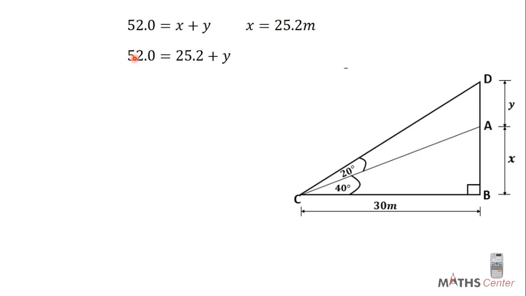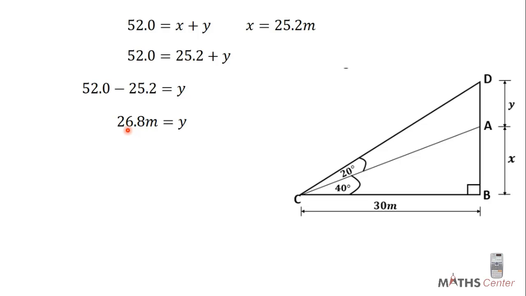So we have 52.0 is equal to 25.2 plus y, because x is now 25.2. If you make y the subject, you have 52.0 minus 25.2 is equal to y.